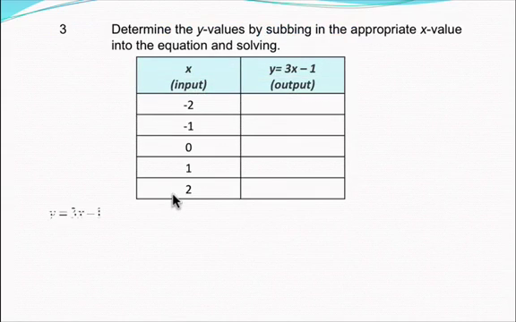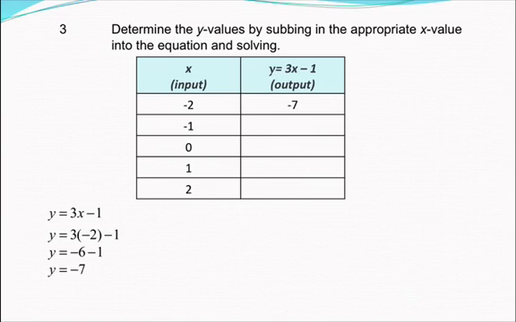So for the first question, we're going to sub in 3 times our input, which is 3 times -2, and then take away 1. Then we'll put our value in our table of values. So 3 times -2, and make sure you sub it in brackets, is -6, take away 1. -6 take away 1 is -7.